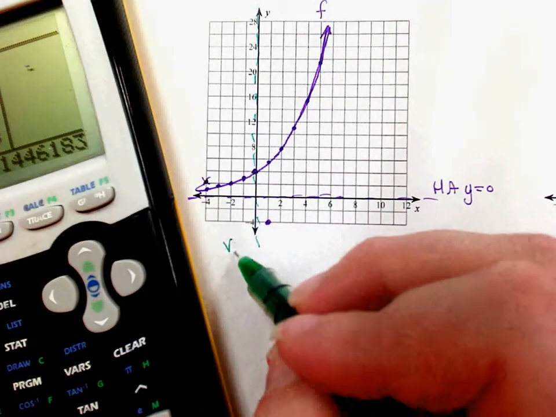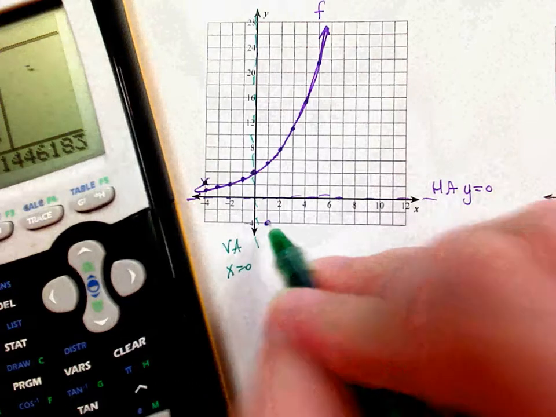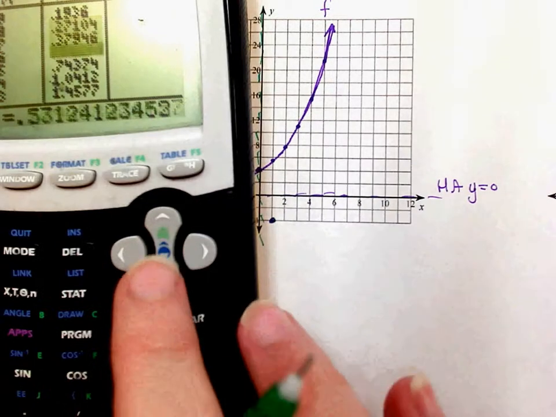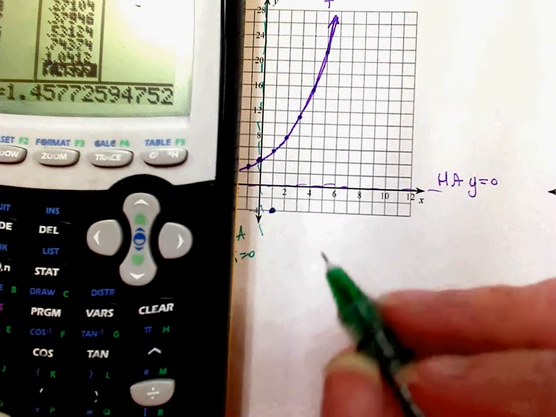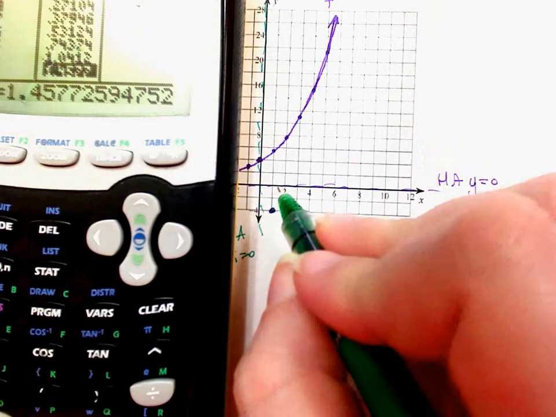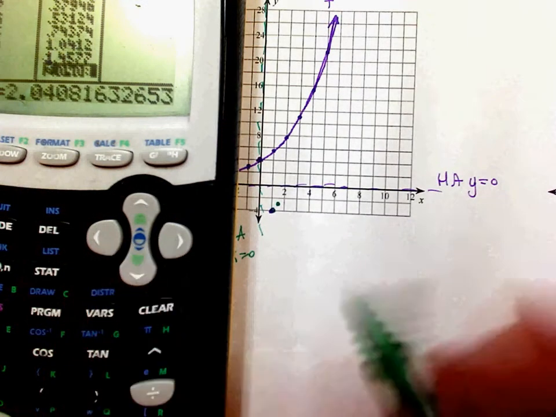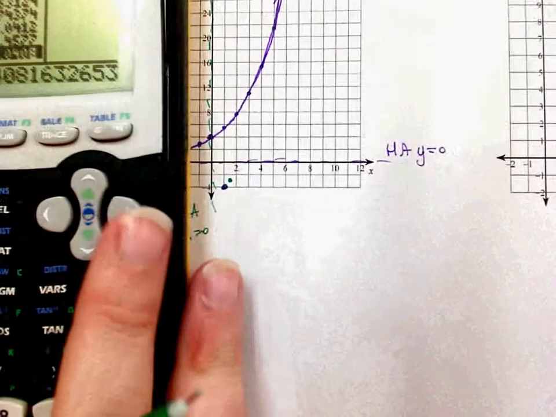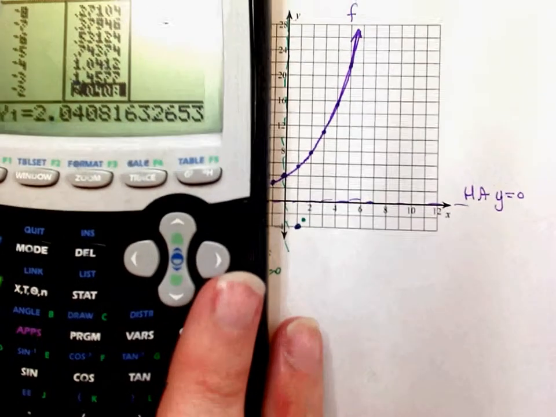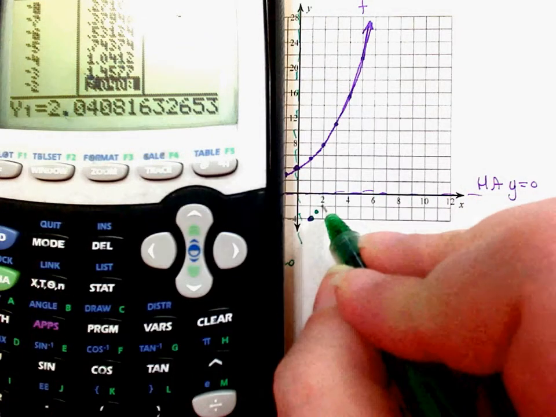Okay, so let's plot our points. Okay, so we already know that at 1.5, I'm at what? -3? At 1.5, I'm at -3. At 2, I'm at what? -2? Okay. At 2, I'm at -2. At 2.85, I'm at what? -1? Yeah?